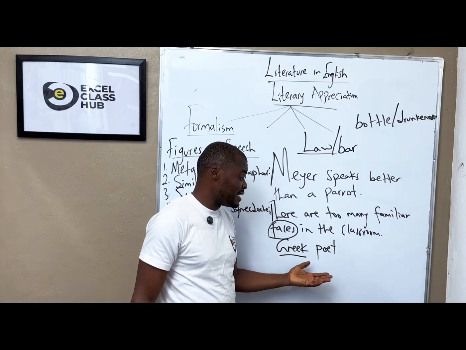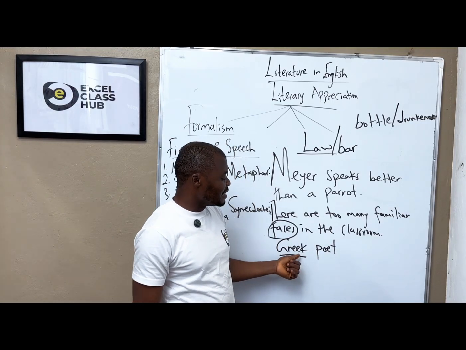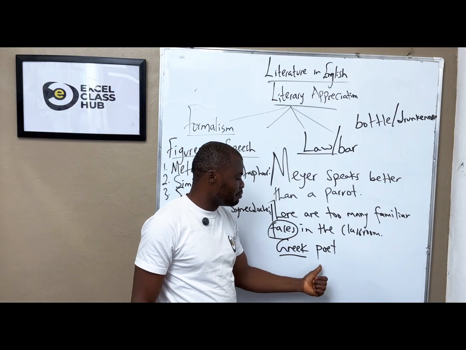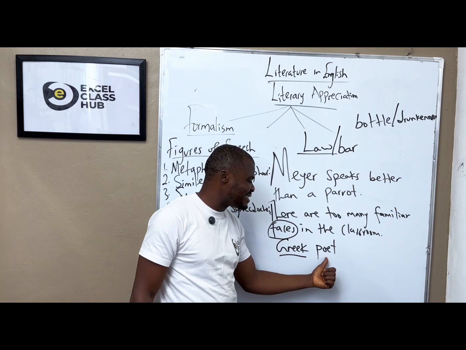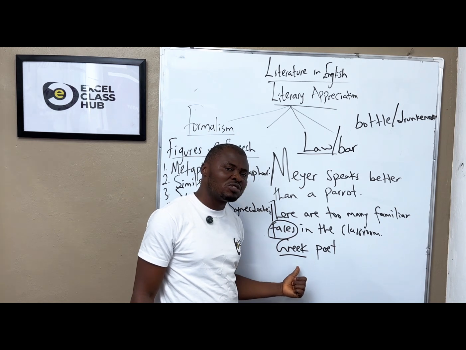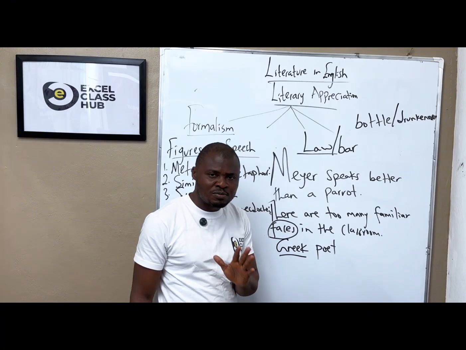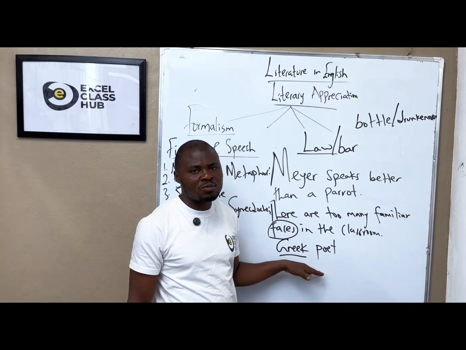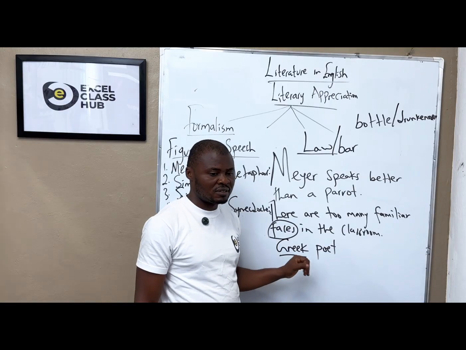That's not what I mean. A Greek poet here means not just any poet from Greece. That's not what I'm talking about here. But a poet that has the same status as those poets from ancient Greece in those days. That is what I have in mind, not a poet that comes from Greece. That is it.